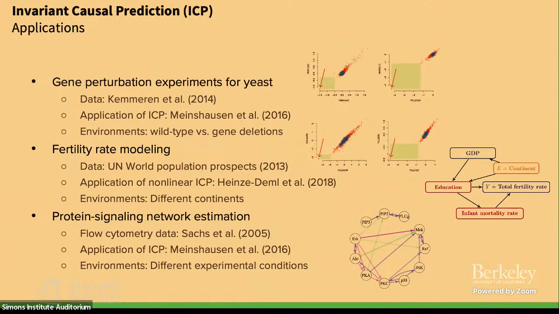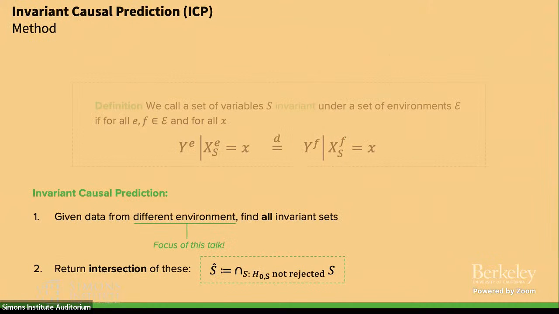I would say when you apply this in practice, the results are somewhat mixed. Sometimes you do get non-empty sets, and then again we have confidence that, if our assumptions are satisfied, these are in fact causal parents. But often you also get the empty set as a result. Hence, we wanted to understand better what the conditions on these environments are that give you more power.